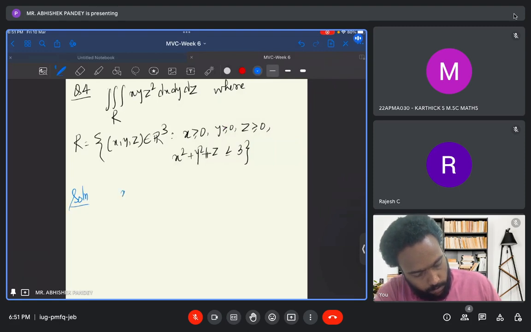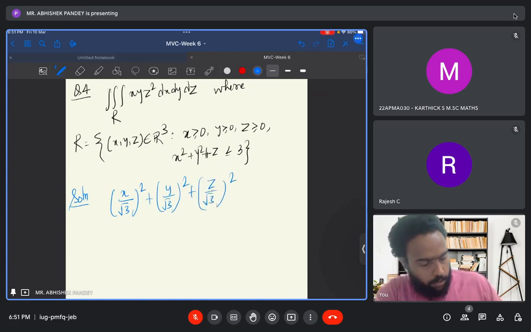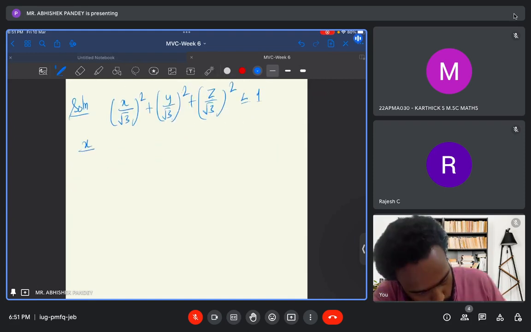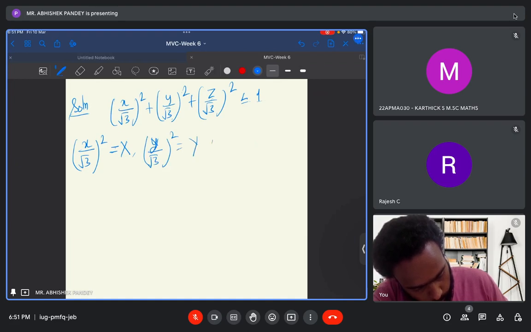So what we are going to do is x by root 3 whole square plus y by root 3 whole square plus z by root 3 whole square is less than equals to 1. Okay, so here what we will do, the transformation is x by root 3 whole square is equals to x, y by root 3 whole square is equals to y, and z by root 3 whole square is basically equals to z.